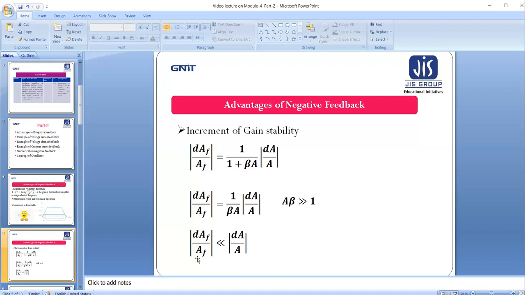So there is an increment of the gain stability.